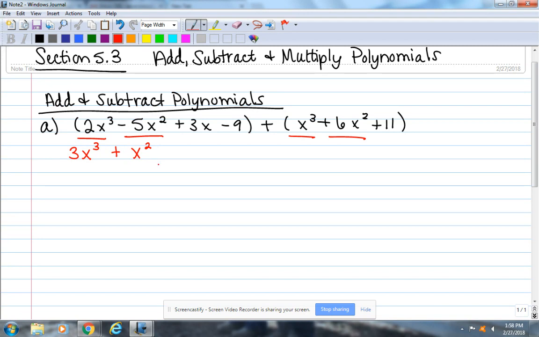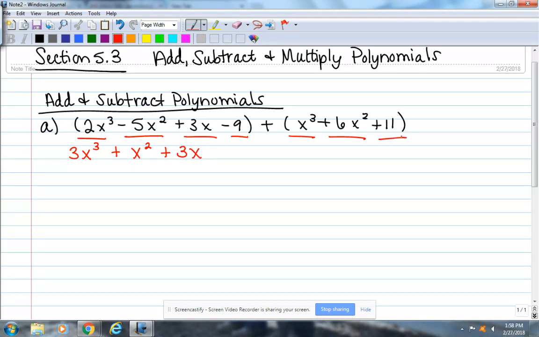All right, going on down the line, after x squared comes x to the first power, which is just x, right? Do I have anything that has just an x? 3x. Does it have a buddy with it, a like term? No, so we just copy down plus 3x. So if it doesn't have a like term buddy, you just copy it.